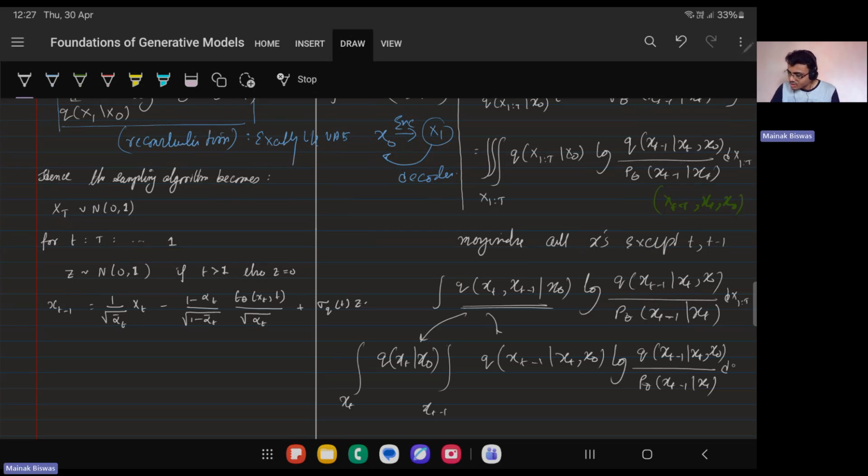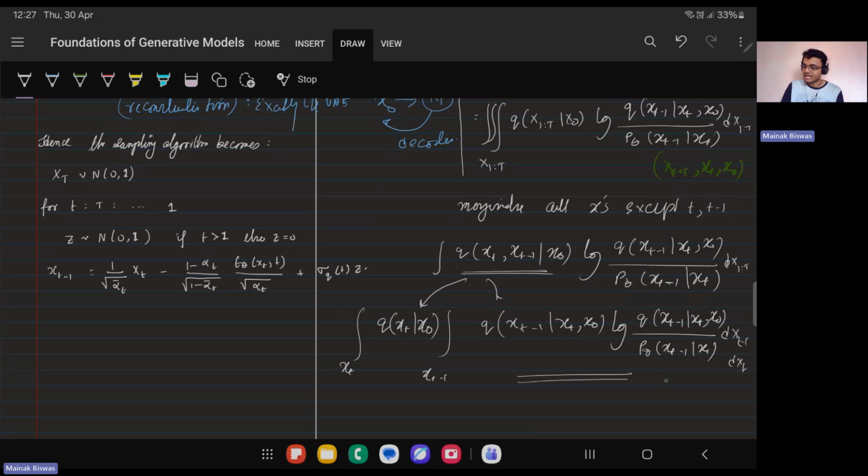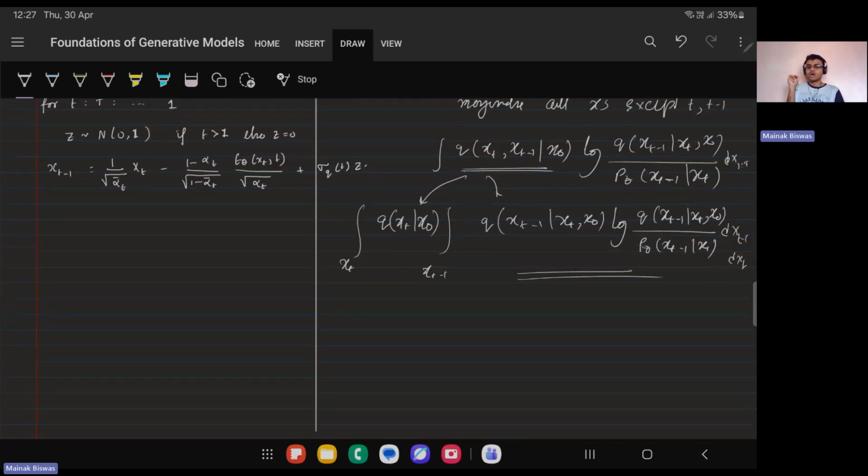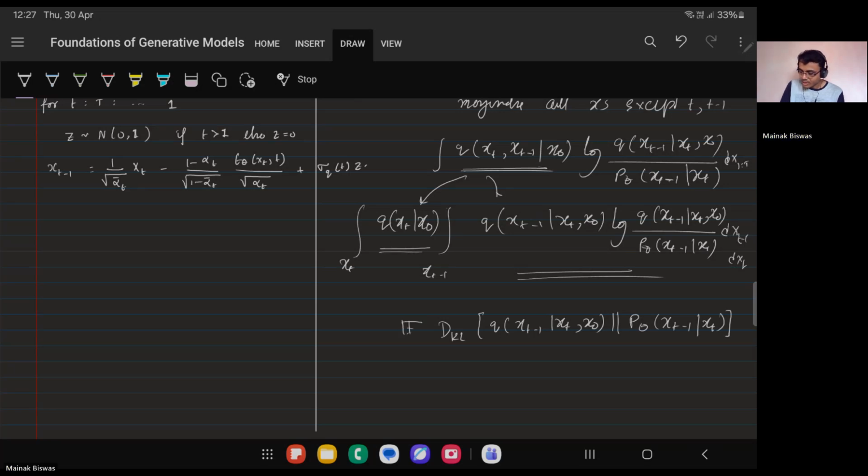So if I write this down, you can clearly see this is the KL divergence. Q log Q by P is the KL divergence between Q and P. So I will write this as the DKL of q of xt minus 1 given xt comma x0 and p theta of xt minus 1 given xt, and you have an expected value over q of xt given x0.